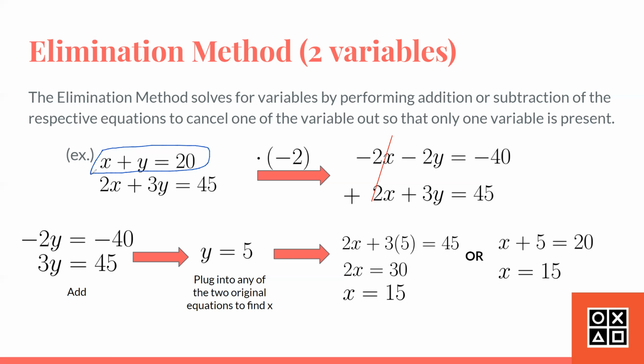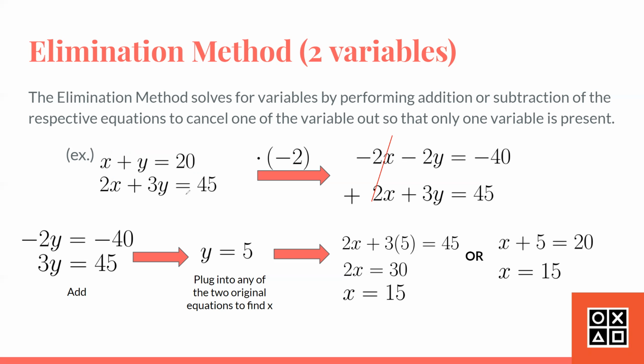Remember, whenever you're multiplying to cancel out, you have to multiply the entire equation, not just the variable. So we have to multiply this entire equation by -2 to get -2x minus 2y equals -40.